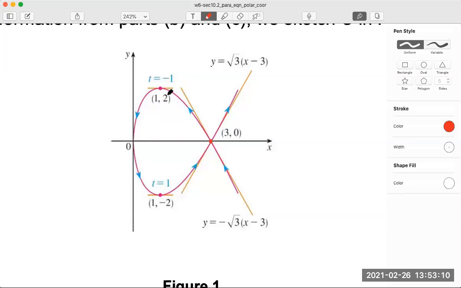And in question B, we know that the horizontal tangent appears at 2 points, when t is equal to -1 or t is equal to 1 right here. Makes sense, right? And here is where we have a vertical tangent at this point, when t is equal to 0, right? This point.